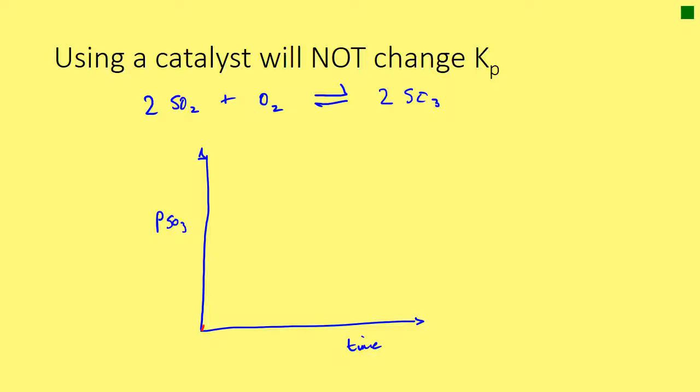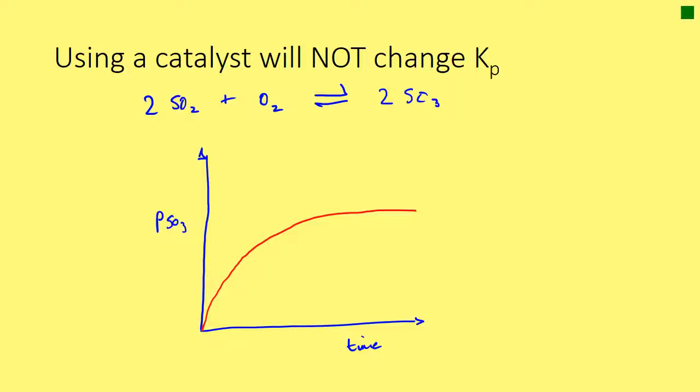Right, so it's 0 at the start, and at the start you've got quite a lot of forward reactions happening, and they plateau off as the number of sulfur trioxide particles increases, and therefore the number of decomposing reactions also increases.